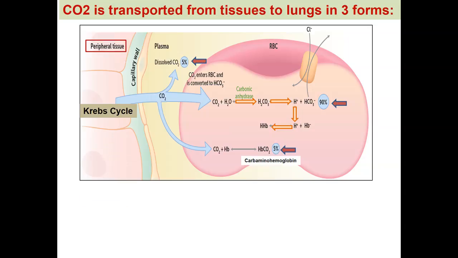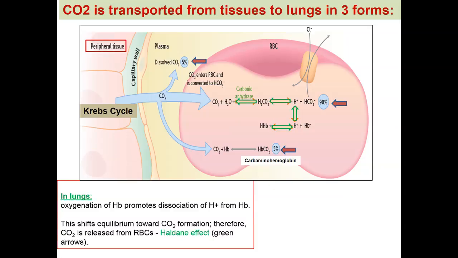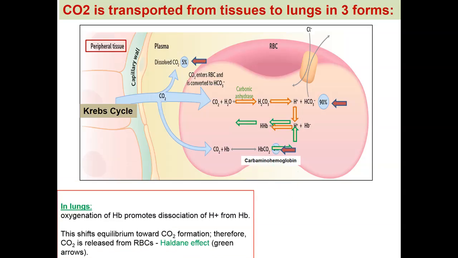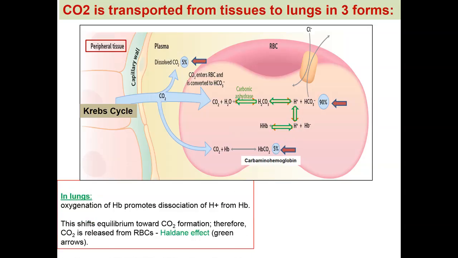But now, when it reaches the lung, if you can see here, the arrow is reversed. Everybody see this? The green one now occurs. So the proton is released. The proton binds again to the bicarbonate. The bicarbonate is taken back in. And now you have a conversion of the bicarbonate with the proton to form carbonic acid.